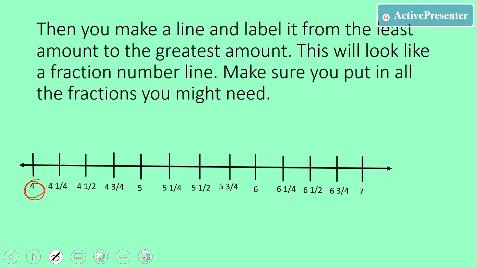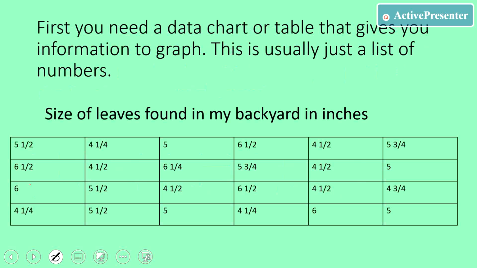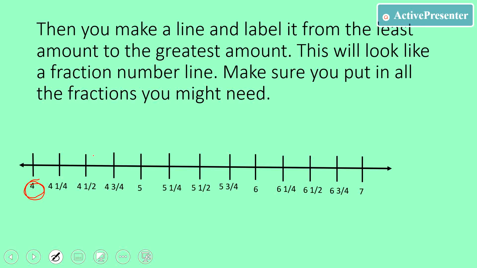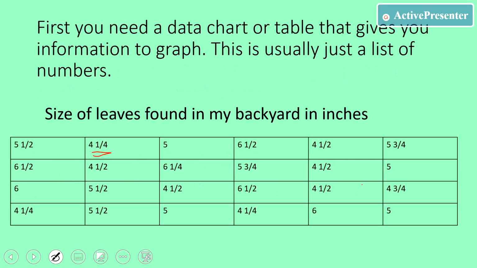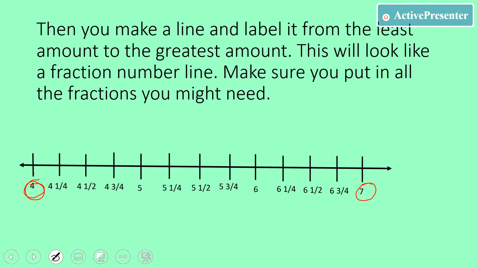My smallest length is 4 1/4, but I want to start at a whole number, so I'm starting at 4 and going all the way up to my next whole number, which is 7, because my largest length is 6.5 inches. I know that my line needs to start at 4 and go to 7. And then I need to put in all the fractions in between.